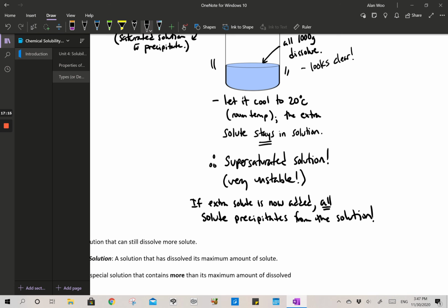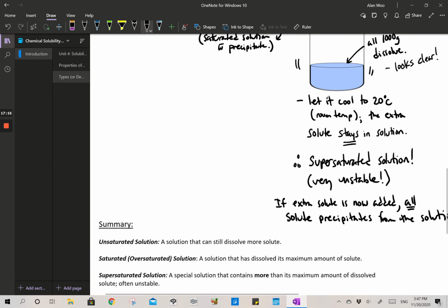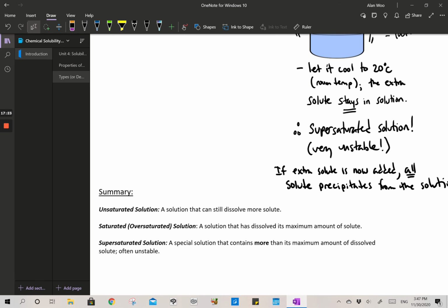So let's look back at the three types of solutions that we've made, the different degrees of saturation. We have our unsaturated solution, which means that you can still dissolve more solute in that solution. You have your saturated solution, meaning that you have dissolved the maximum amount of solute in the liquid portion, and if you continue to add more, all it does is precipitate out, and you'll get an oversaturated solution.